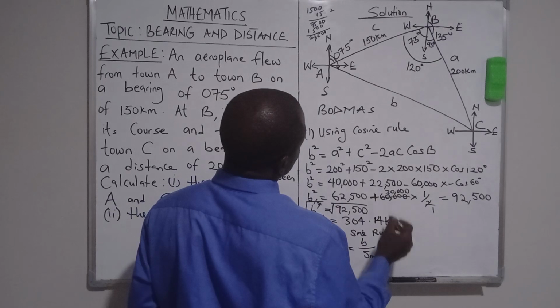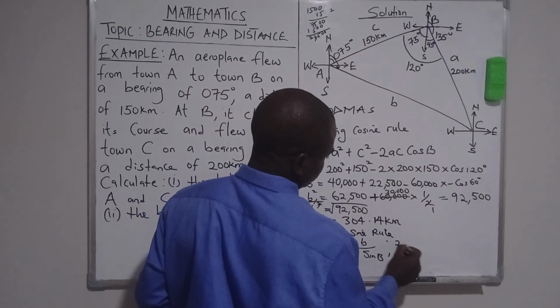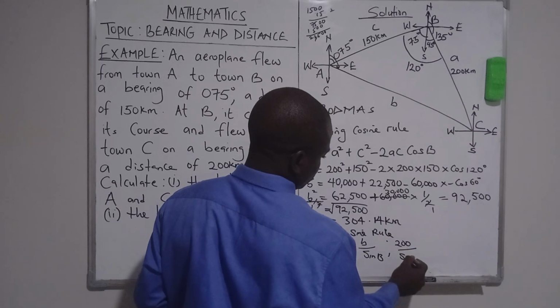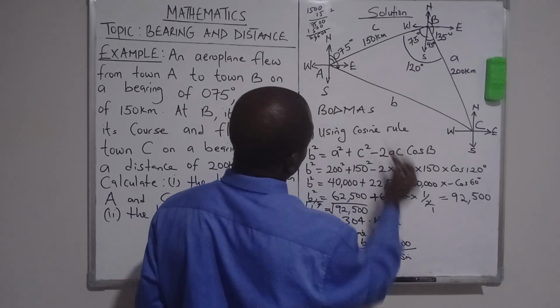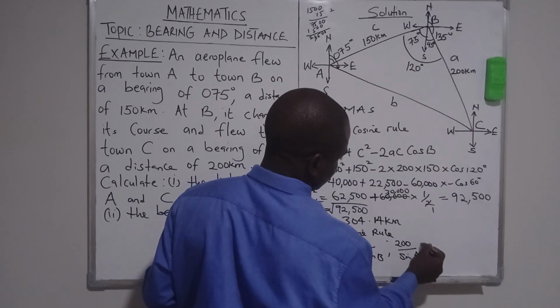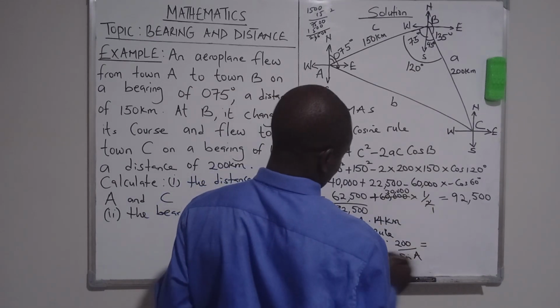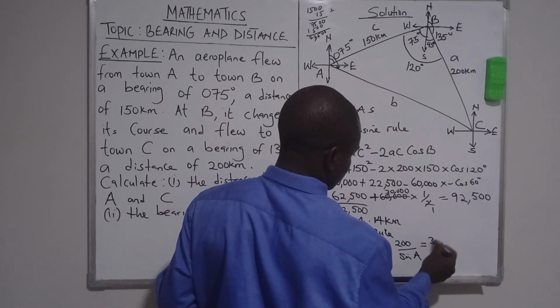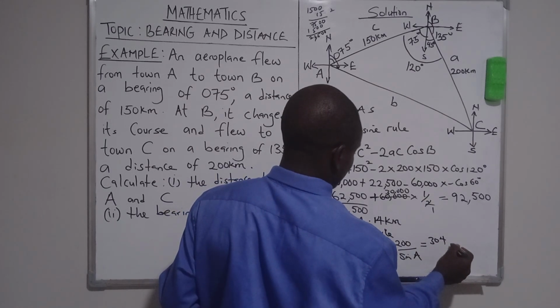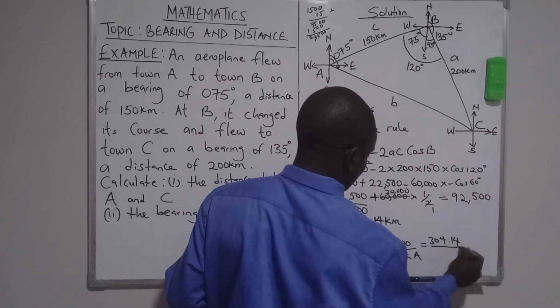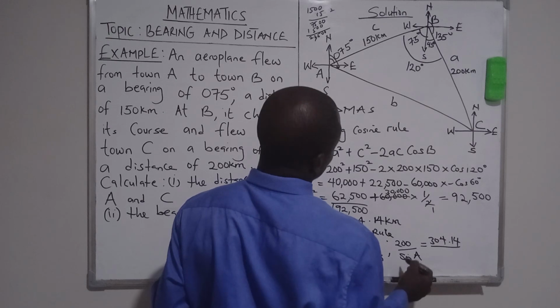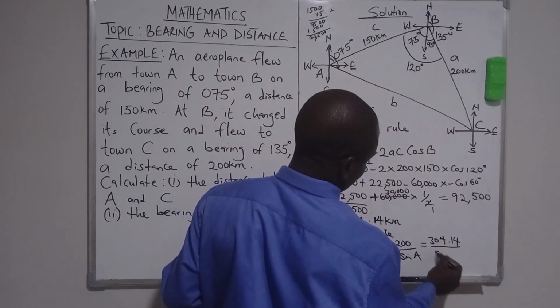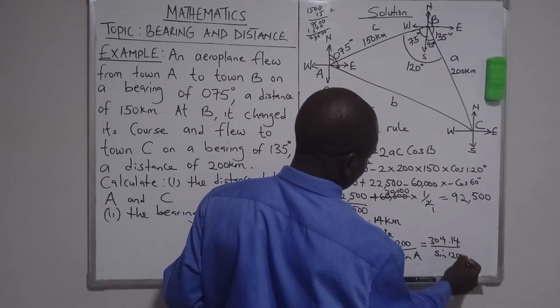Our a is 200 over sine A that we're looking for, equals b, that's 304.14, divided by sine B, sine 120 degrees.